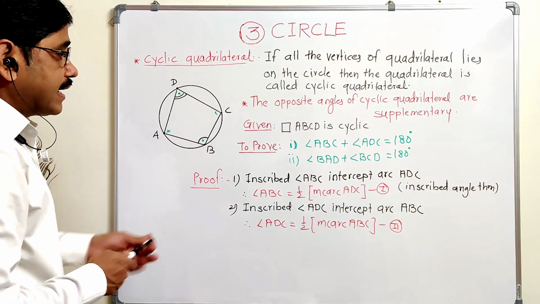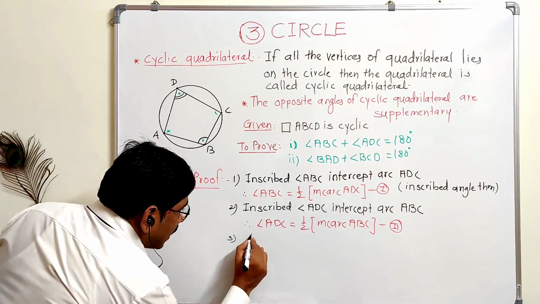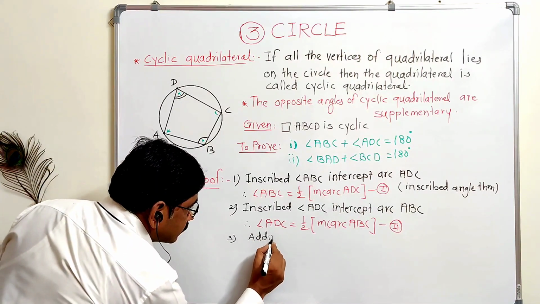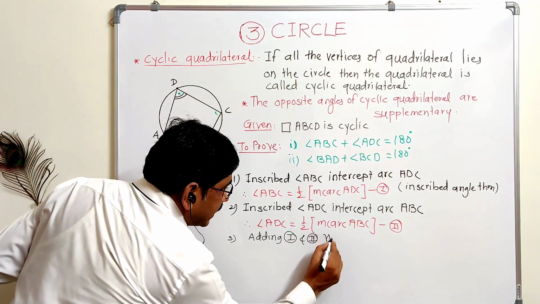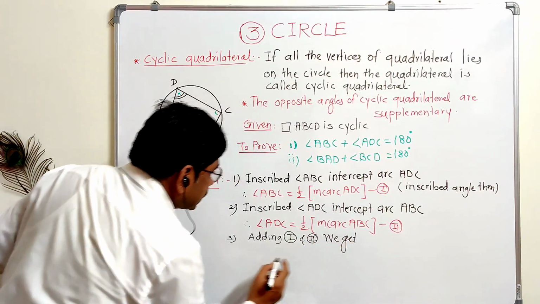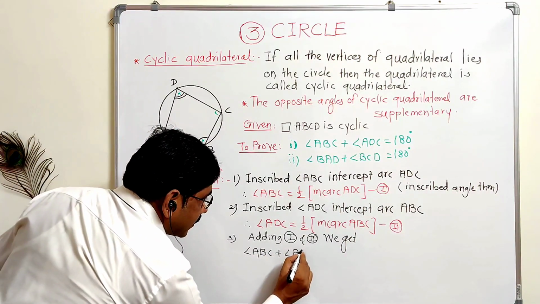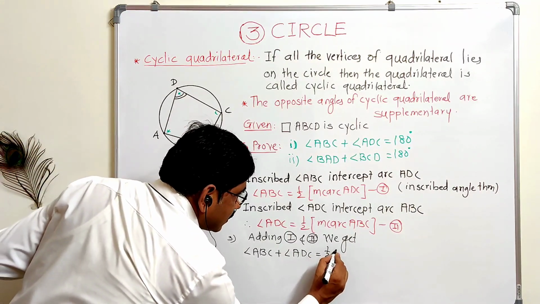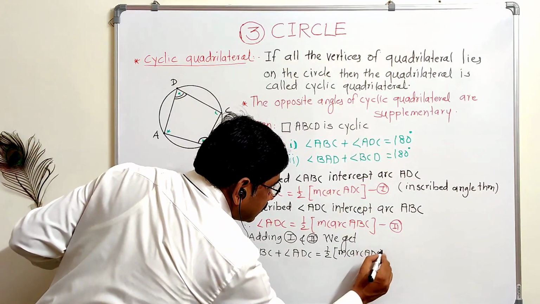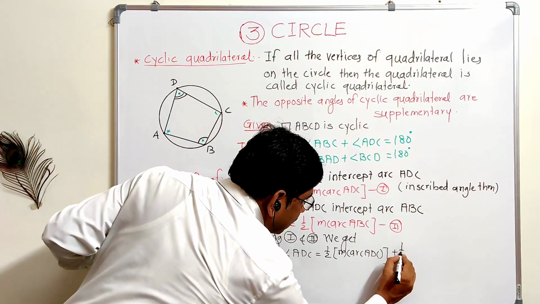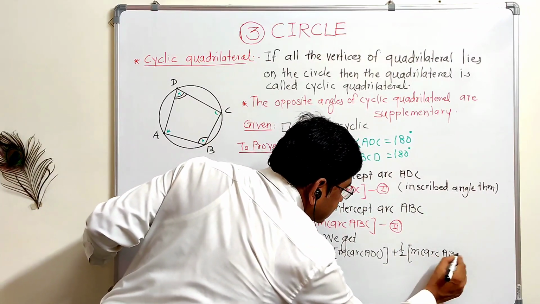Now adding 1 and 2, we get: the left hand side is angle ABC plus angle ADC, which is equal to half into major arc ADC plus half into major arc ABC.